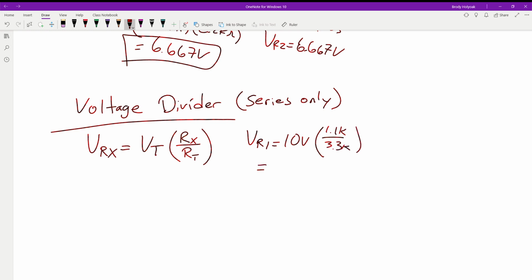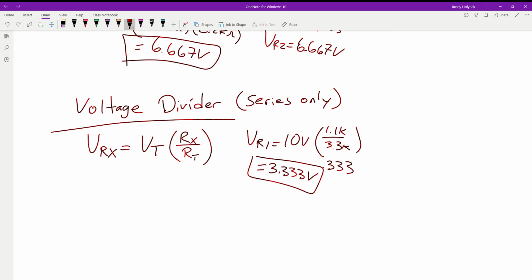This reduces down to 0.333 multiplied by the 10, and we end up with our 3.333 volts again.